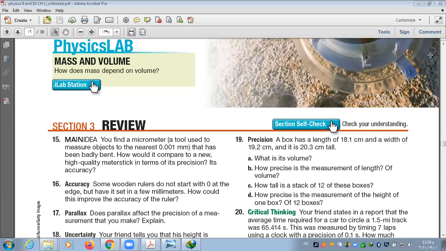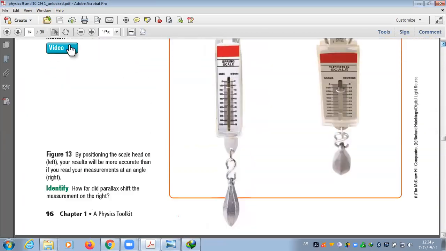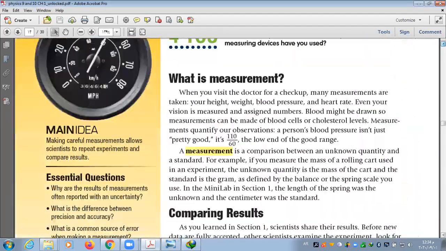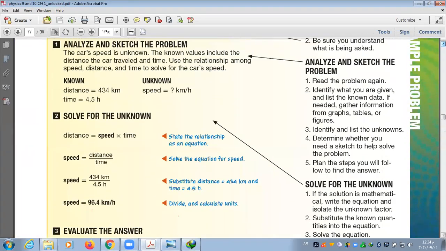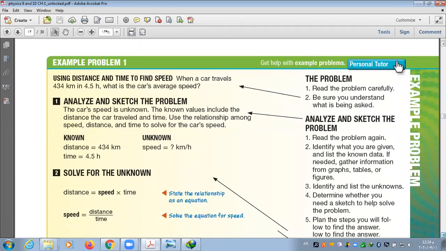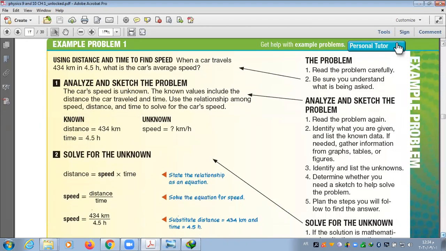Now, Shabab, inshallah, we'll revise a very simple concept. I think you are familiar with all of it, okay? How to answer problems. This is a common problem. We know that speed equals distance over time.